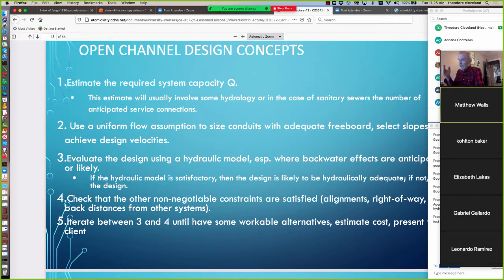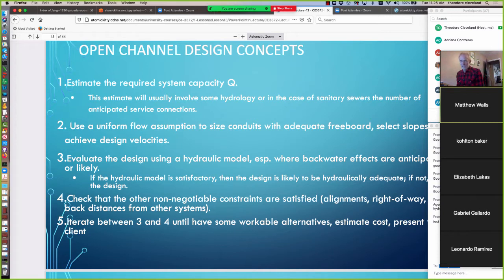And once we have that, we can size certain components to make our drainage system do what we'd like it to do. So the first step would be to estimate the required system capacity, and that estimate's going to involve some hydrology analysis, or in the case of sanitary sewers, the number of anticipated service connections.